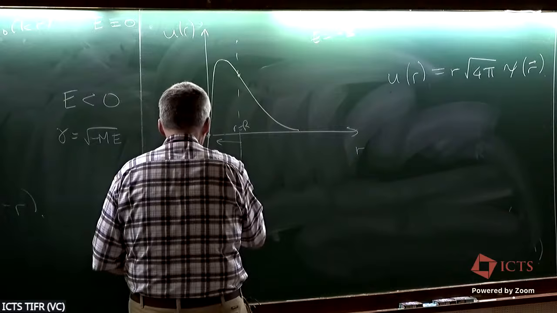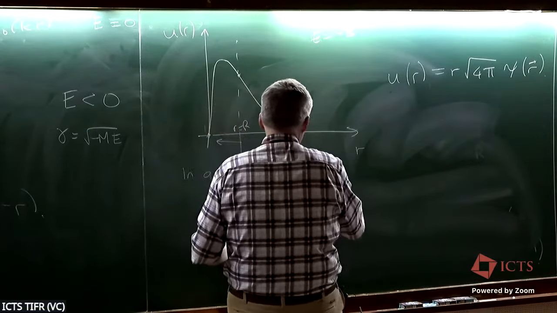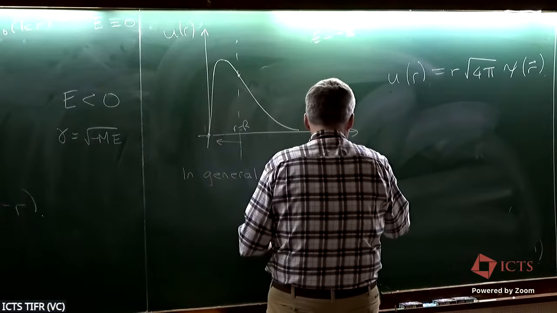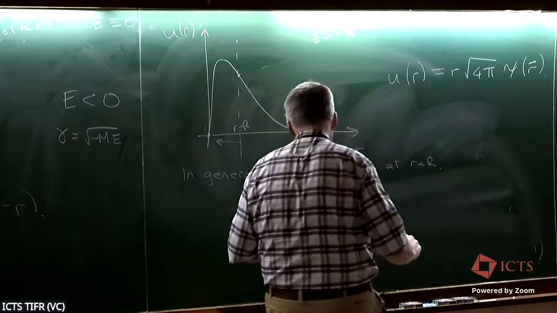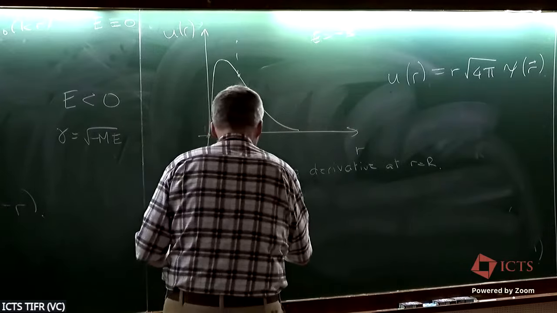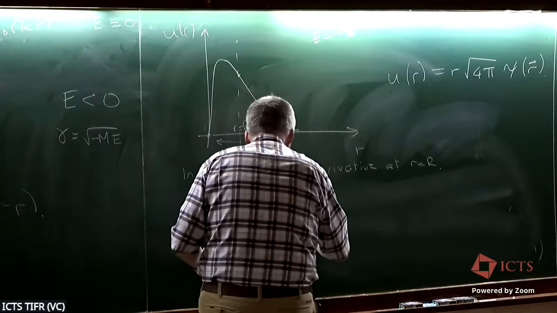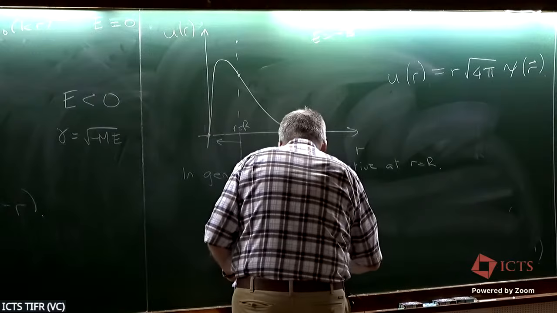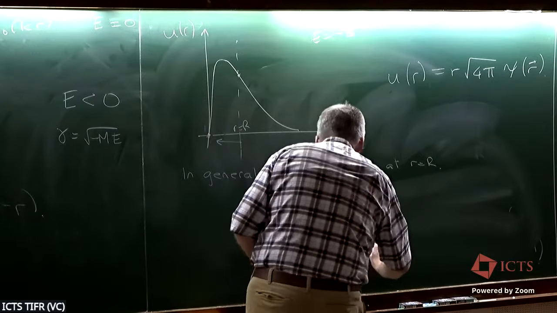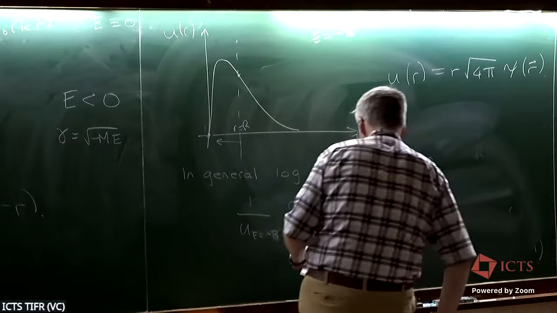So if you work this out, you discover that in general, to match the log derivatives, the log derivative at the boundary, we want this to be minus gamma.